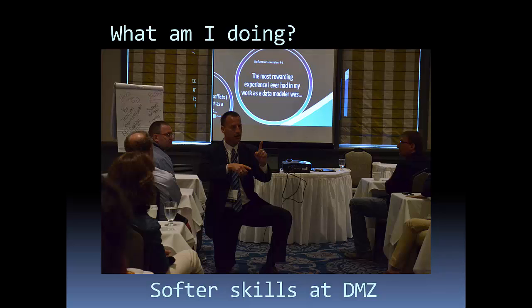For example, at this past year's Data Modeling Zone, we had a very famous arbitrator come in from Washington, D.C. He does a lot of negotiating in Washington, D.C., and he came in to help us understand how to negotiate as a data modeler. And we had a number of sessions like this. We have to improve our influencing skills.